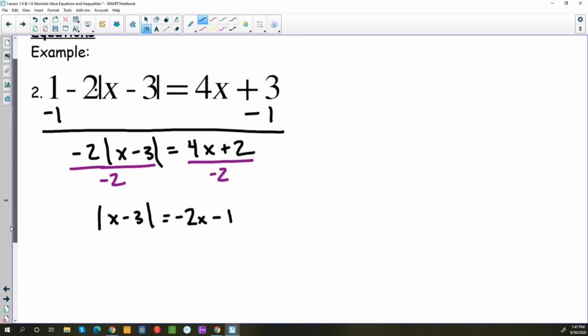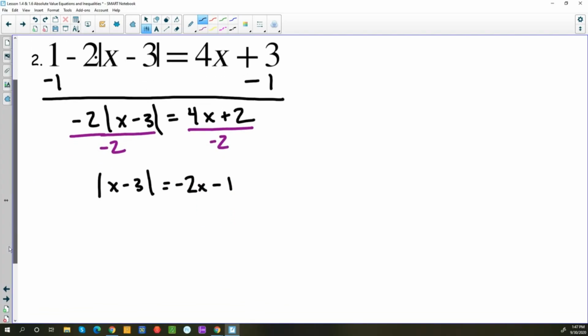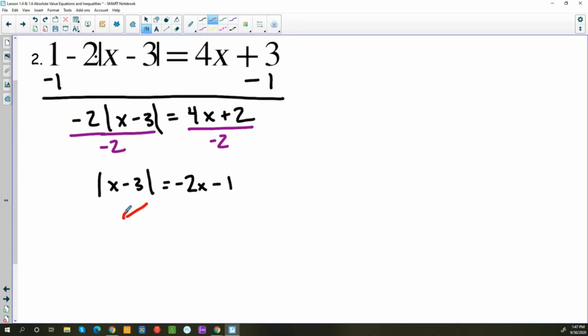All right, so this is where we were at in the last example. We've isolated the absolute value bars, so the only way that we are allowed to break down those absolute value bars is if we break this into 2 equations. The first equation is as is, so we have x minus 3 equals negative 2x minus 1.